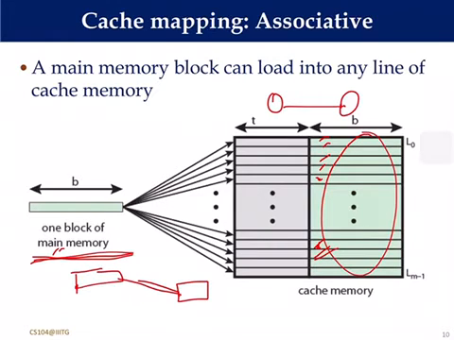And this particular tag, these are tag bits. This tag will help us tell exactly whether a particular requested block, or rather line, is actually this one or not, because it can be anywhere.